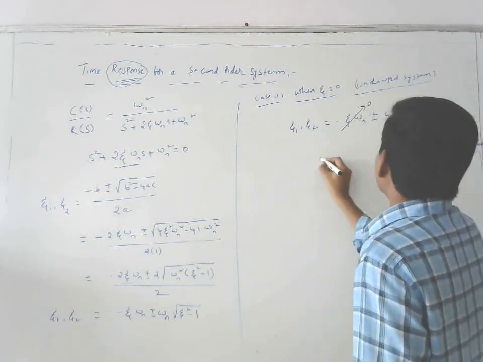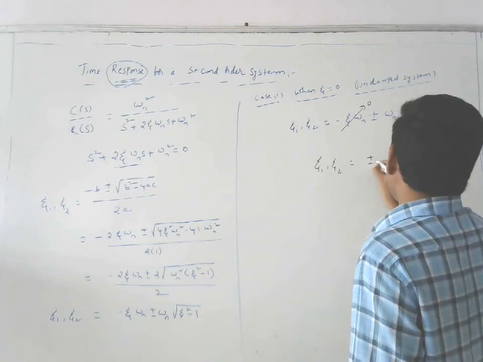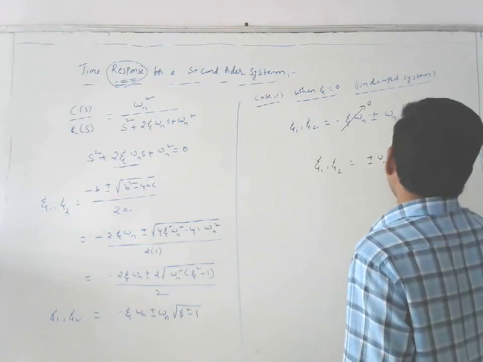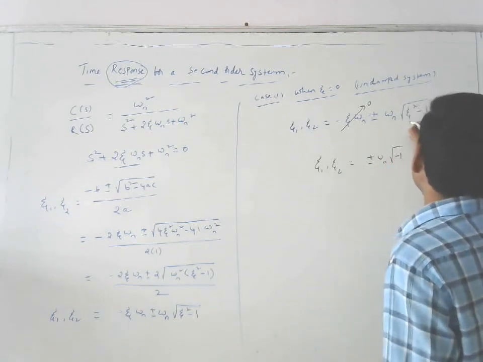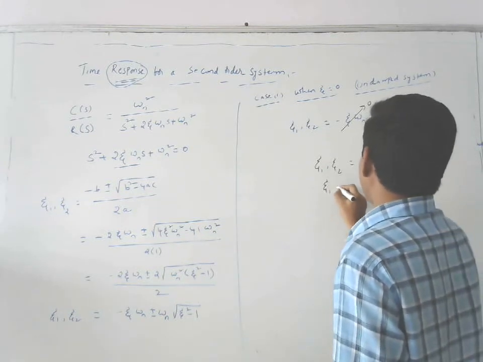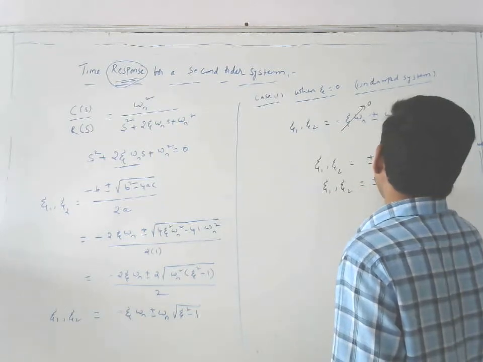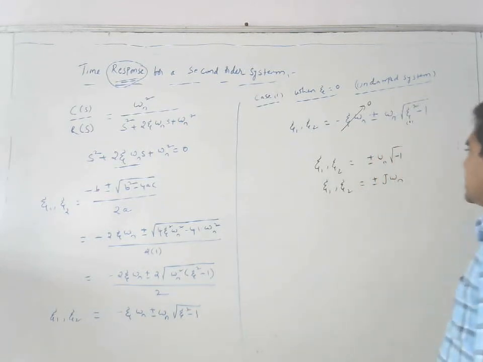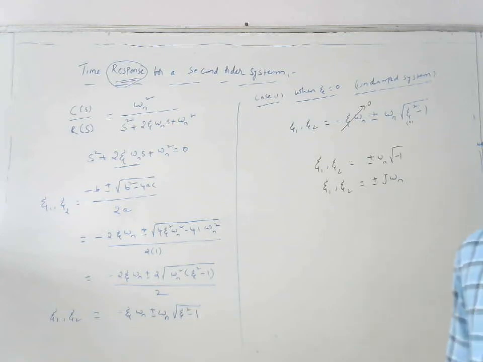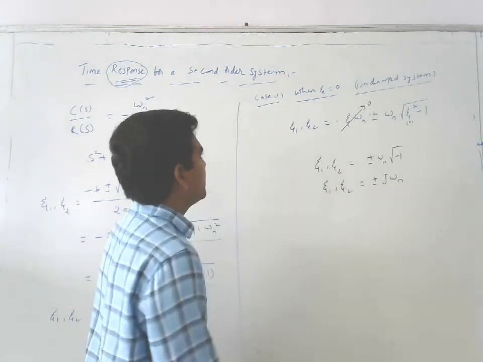Now we have s1, s2 equal to plus or minus omega n square root of minus 1. Why? Because zeta is 0. Now s1, s2 equal to plus or minus j omega n. In this case, the roots are imaginary. s1 and s2 are imaginary.